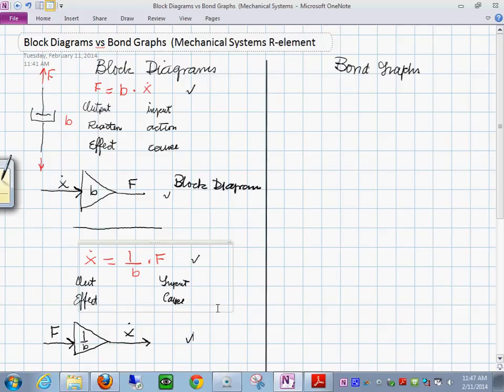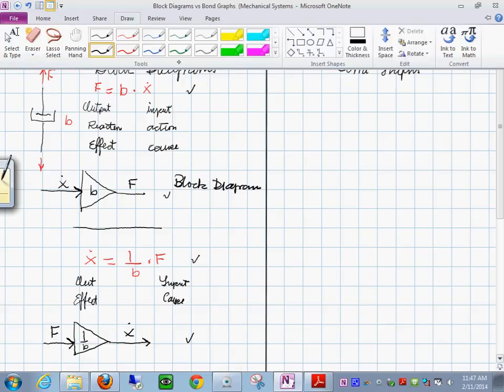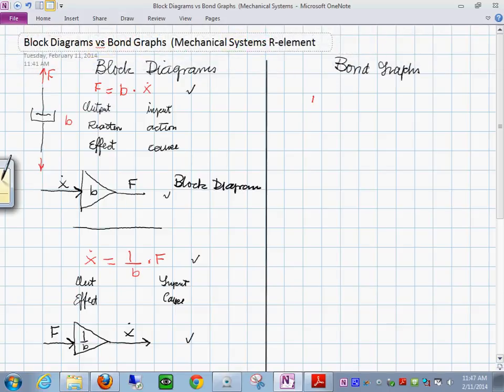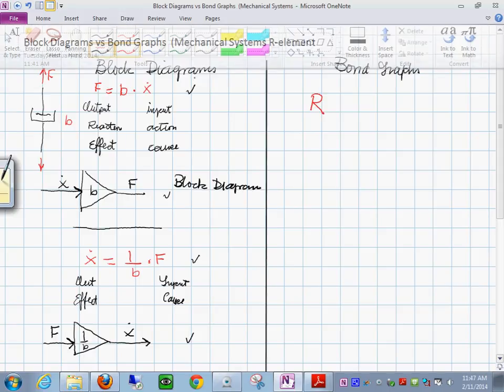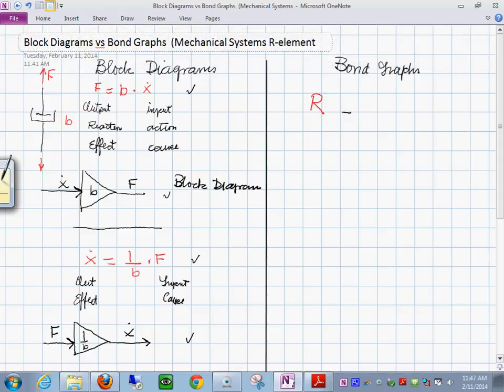Okay, on this right hand side, this is my R element in here, and the R element is going to be like this. I am going to use a symbol that has two lines, one horizontal line and this crossbar.